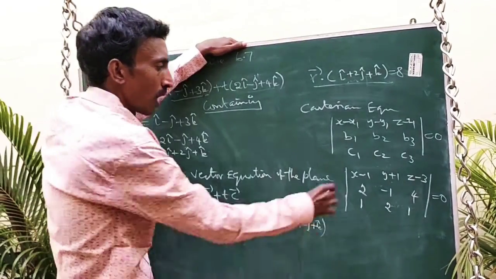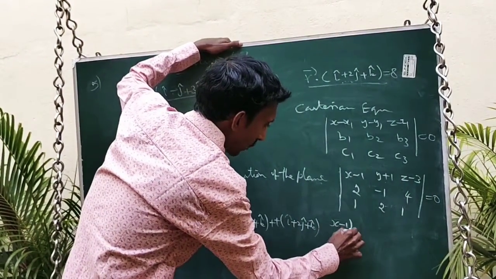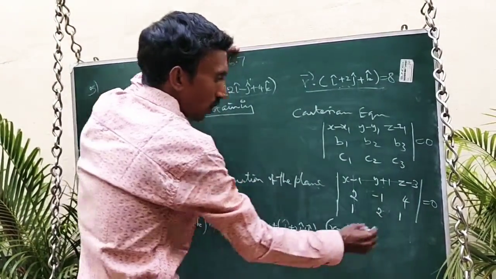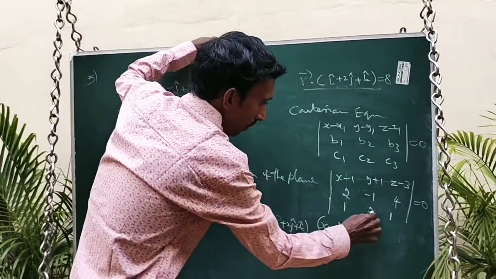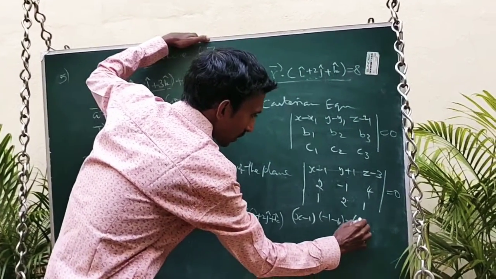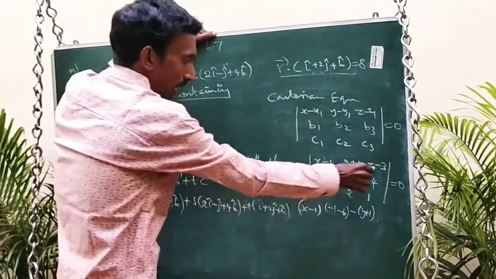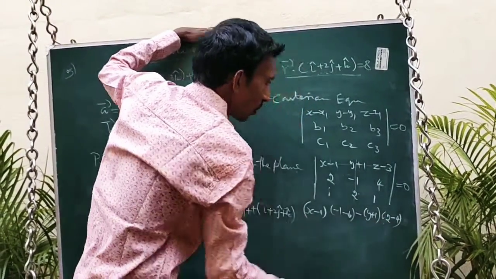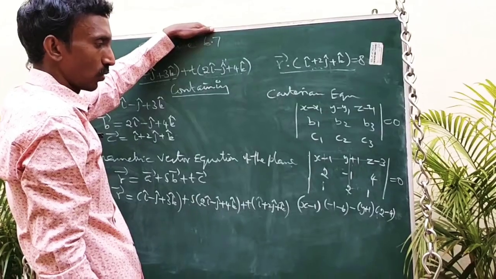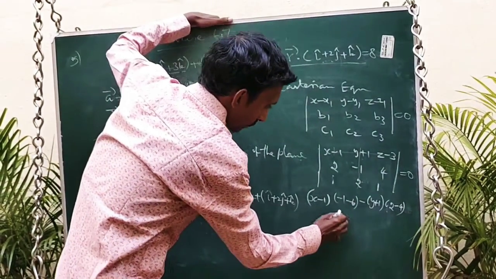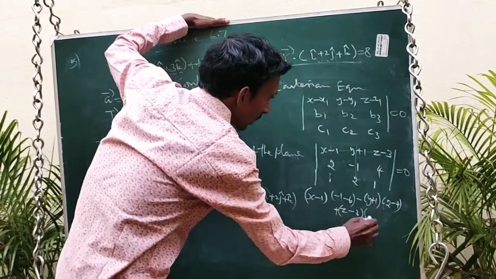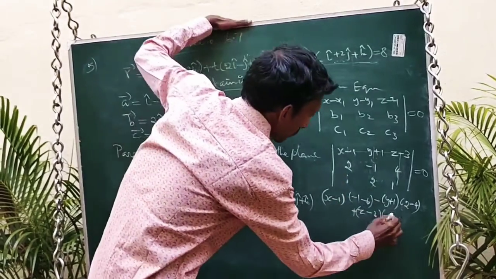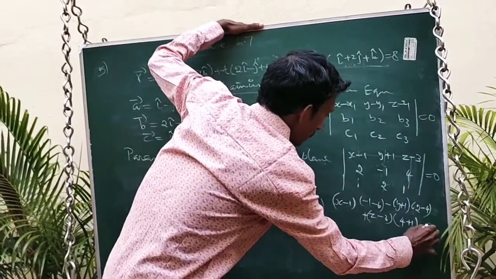Expansion of the determinant. With respect to the first row, x minus 1 into, delete that row and column, minus 1 minus 6, minus y plus 1 into, delete that row and column, 2 minus 4. Then z minus 3 into, delete that row and the third column, 4 plus 1 equal to 0.